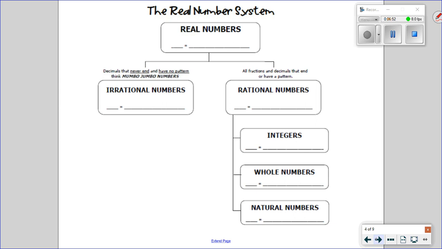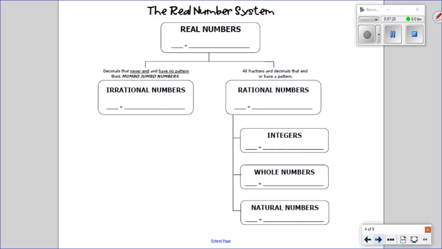All right, so under the real number system, we have subsets of numbers, and I'm actually going to start at the bottom and take you through a little history of numbers. Numbers came about because there was a need to count things. And so usually when you're counting how many of something, you start with 1.